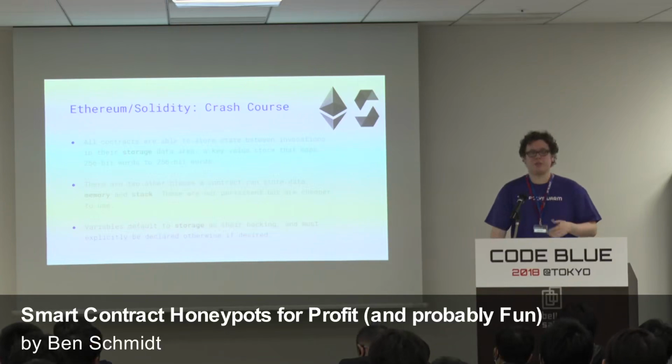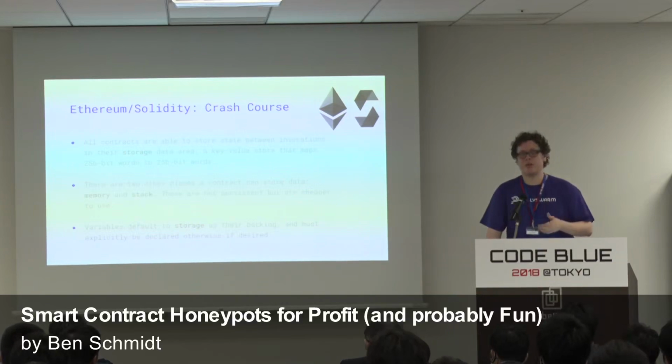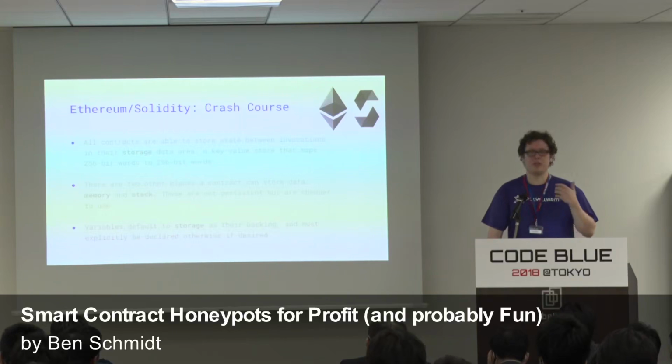There's two other places where your contract code can store data, but it's not persistent. So it can use memory or stack. They're much, much cheaper to use because writing to a blockchain is very expensive because there's very limited space. So most contracts will try and keep most of their temporary calculations in memory or on the stack, but write them into storage whenever they've determined what needs to be stored.